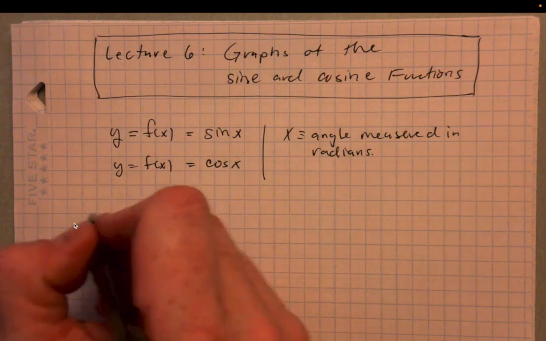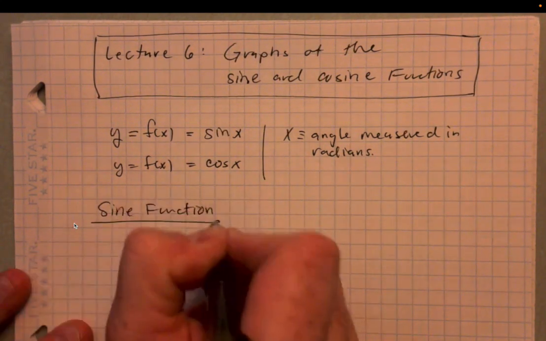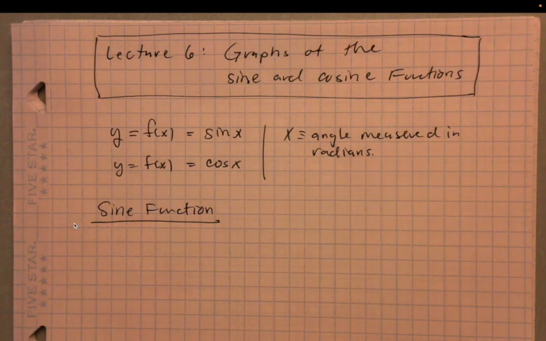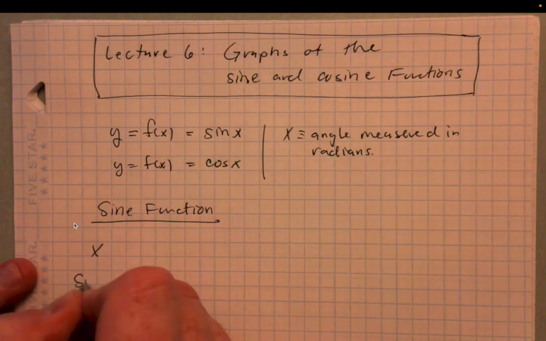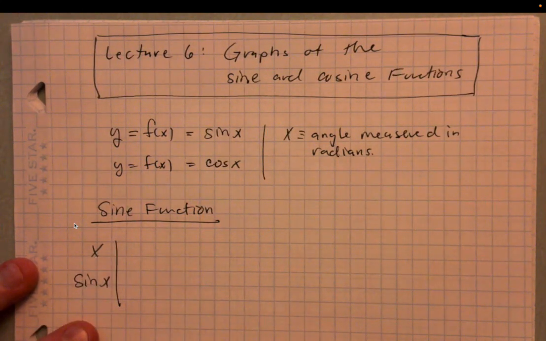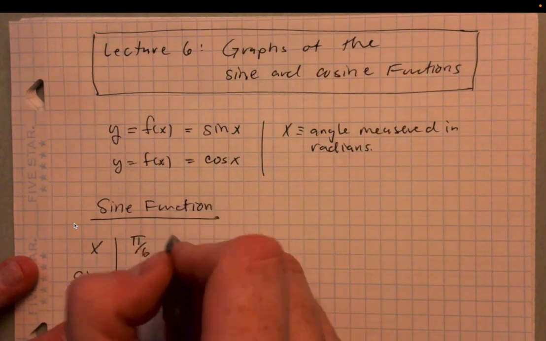So we'll start with the sine function. And so we'll start with some values of the sine function that we know of. If I have x and I have the sine of x, let's start out with a little bit of detail here just so we can remember what's going on.